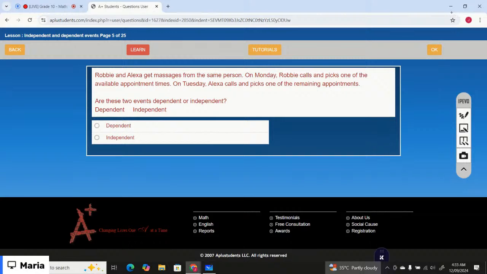The correct option is they are dependent events. Okay, you can complete the lesson by yourself later today.